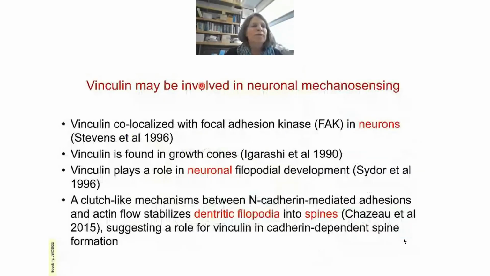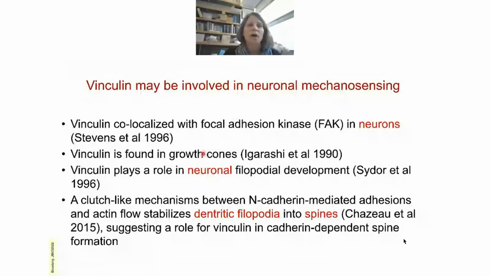So just a word about vinculin. Vinculin is a protein that has been shown to be involved with the adhesion of epithelial cells to the extracellular matrix, as well as the adhesion between epithelial cells at adherens junctions; it is very active at cell-cell adhesions. In neurons, vinculin has been less studied, but nonetheless, it's been shown to co-localize with focal adhesion kinase.